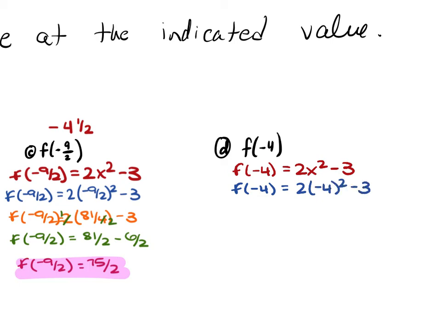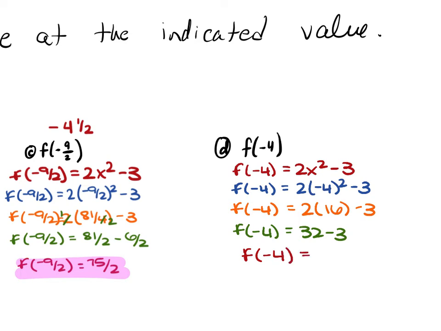That negative 4 squared is 16. So f of negative 4 is equal to 2 times 16 minus 3. 2 times 16 gives us 32. So f of negative 4 is equal to 32 minus 3, which gives us f of negative 4 is equal to 29.